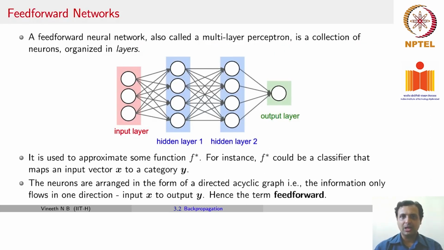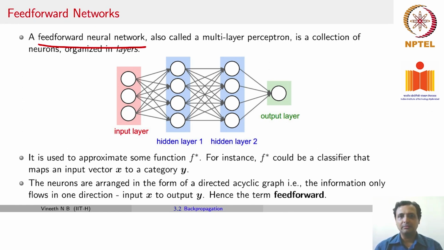Multilayer perceptrons are also known as feed-forward neural networks because the information is fed forward from the input all the way through the layers to the output, and all neurons are organized in layers. While we saw examples of multilayer perceptron with one hidden layer in the previous lecture, you could have as many hidden layers as you need between the input layer and the output layer.